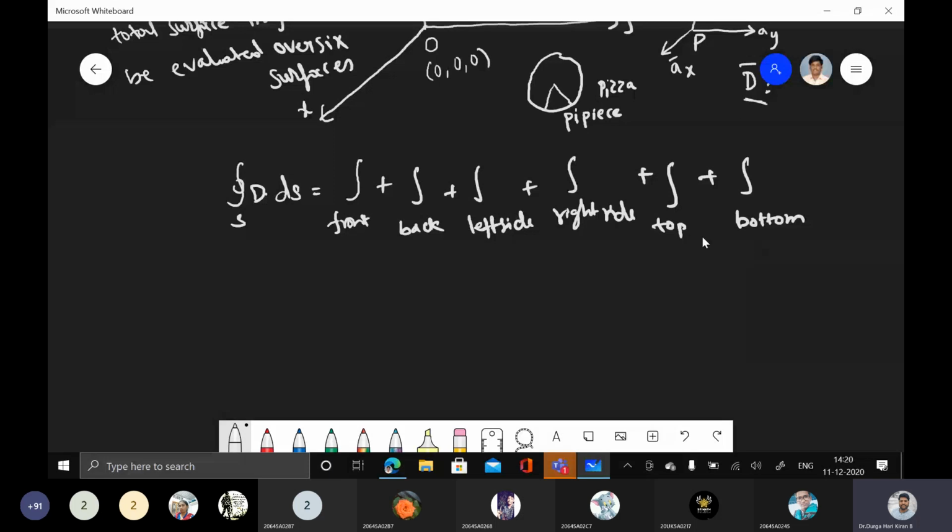Because it has 6 sides, we have 6 integrals. If you add all those, you get the total charge enclosed by this particular thing.